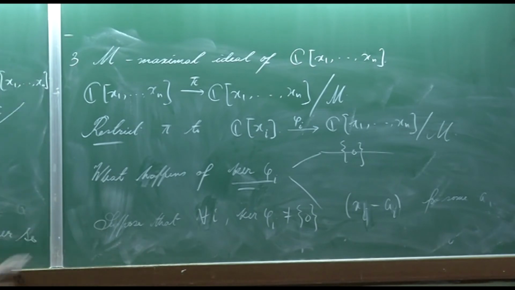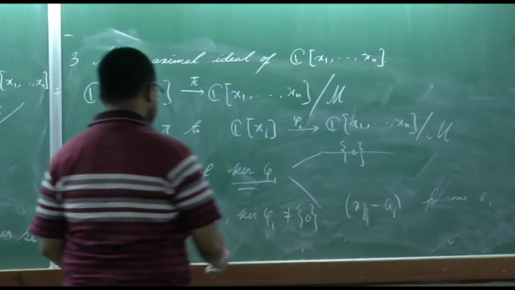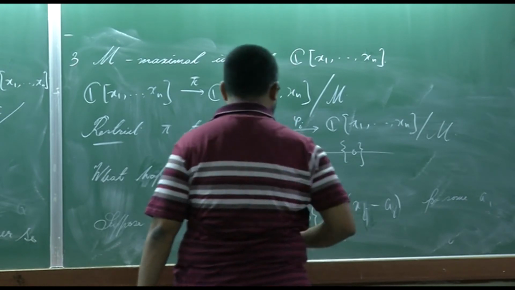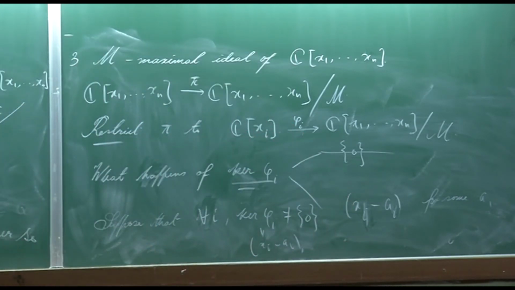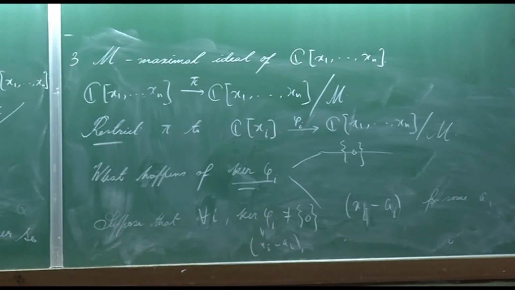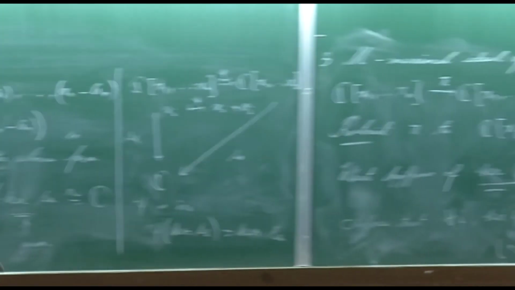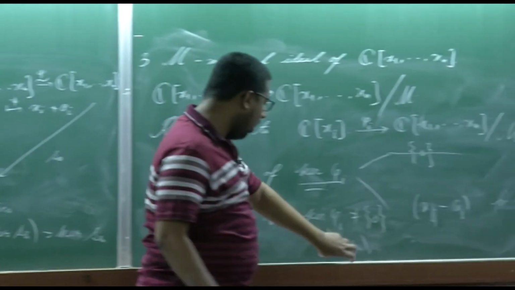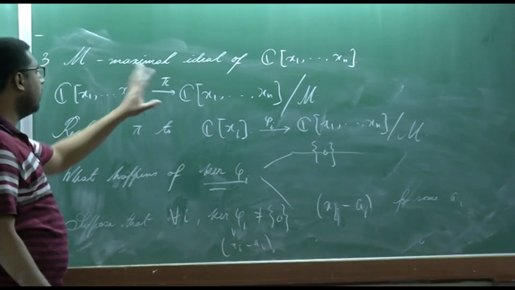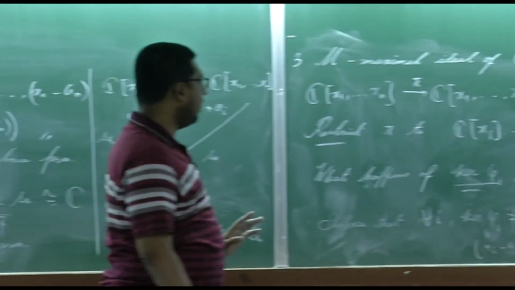Suppose we are able to show this, then that will immediately imply that the kernel is generated by some xi minus ai. And this is the kernel of the restriction. The kernel of the restriction is always contained in the original kernel. Therefore, all xi minus ai's will be in the kernel of pi.